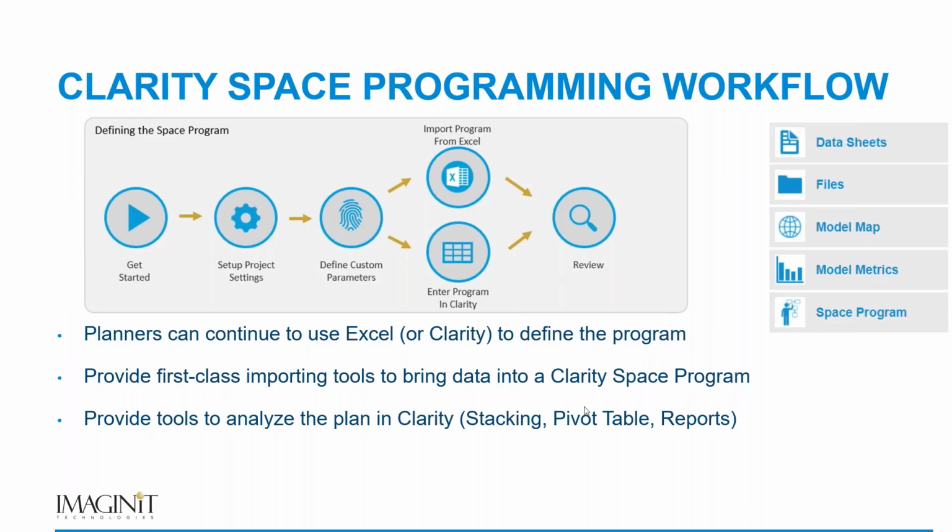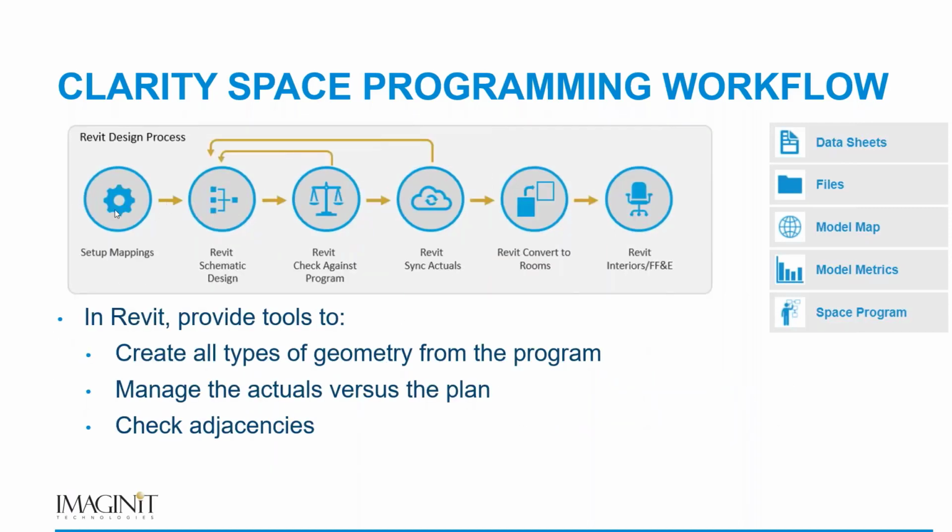But we wanted to make a nice environment for bringing Excel data into Clarity, provide some value-added tools like stacking charts and pivot tables and reports, give you a nice Revit-oriented process where you could very easily lay out conceptual families in the Revit environment based on your program, constantly be checking Revit against the program, and ultimately help you with that process of moving between conceptual design and later detailed design, even to the point of tracking interiors and FF&E kind of things.